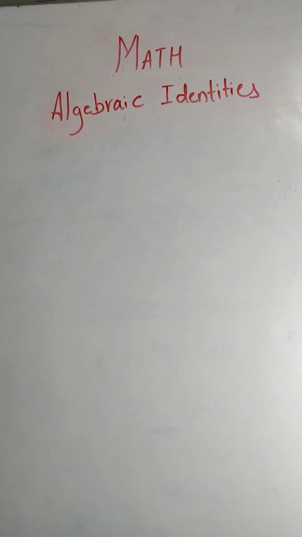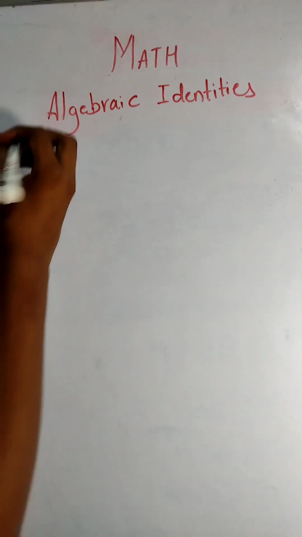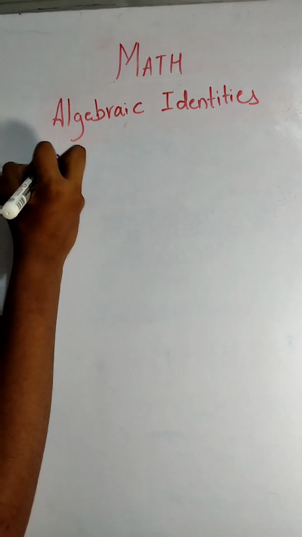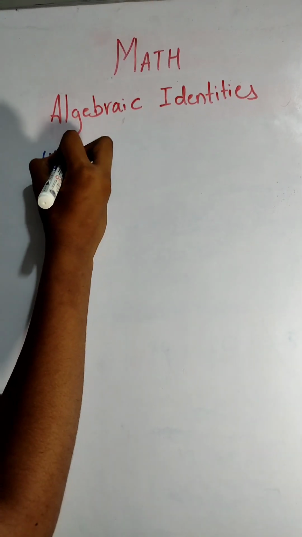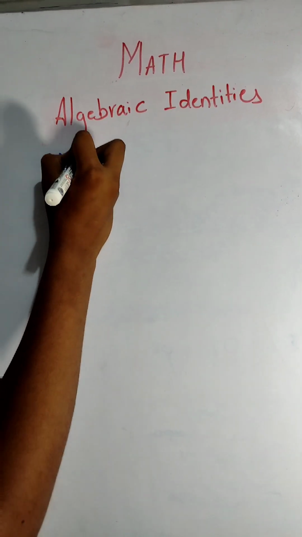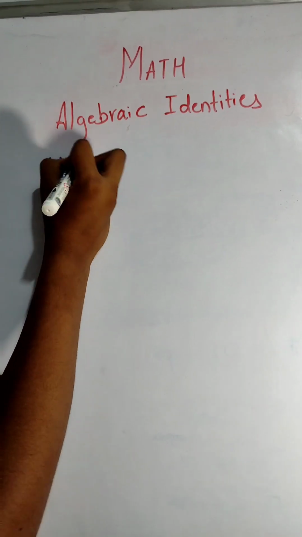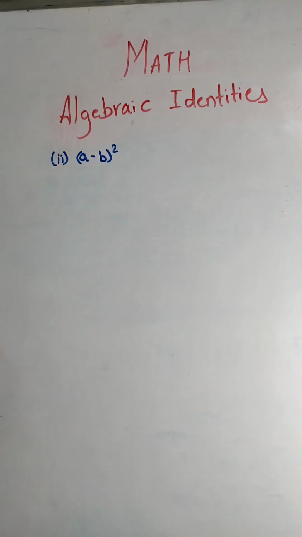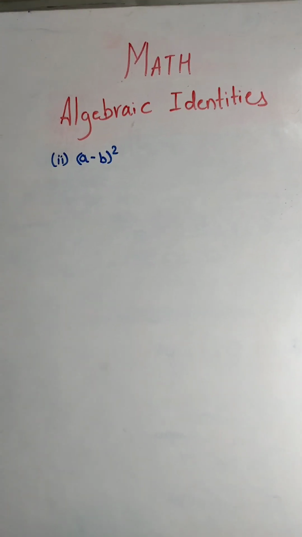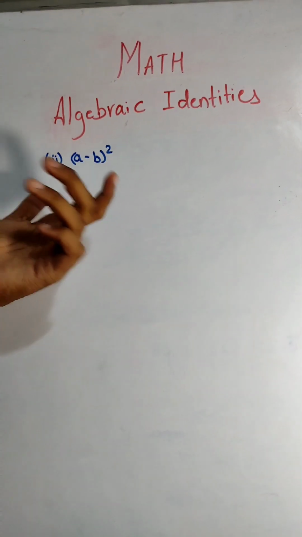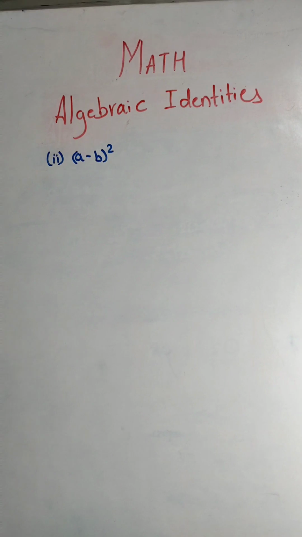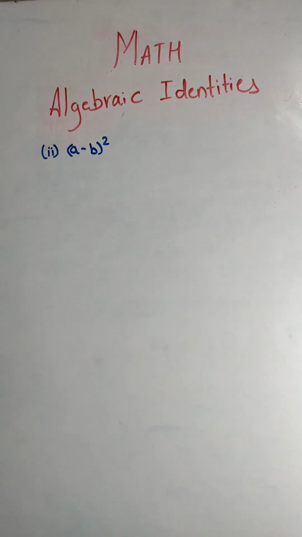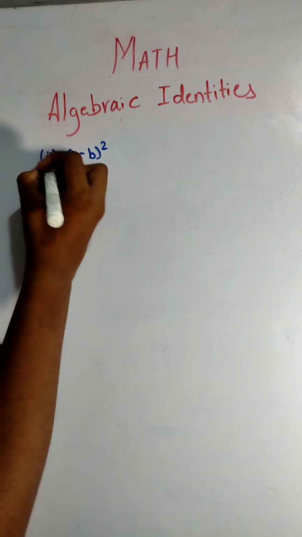Now let's start with the second identity. The second identity that we'll be taking up is (a minus b) whole square. In this case, we can see that there is a difference between a plus b and a minus b. The only difference is that there's a minus instead of a plus, but this completely changes our answer.